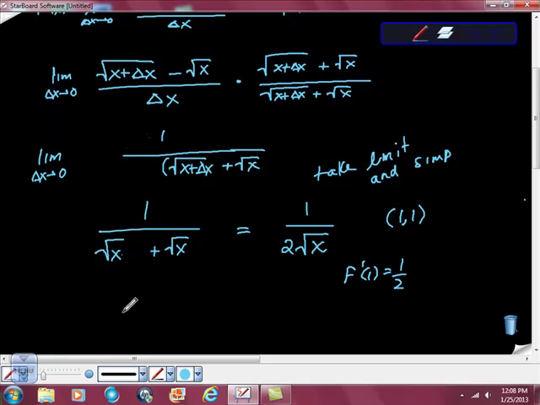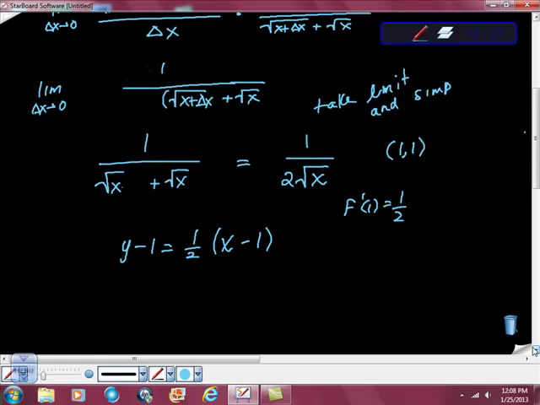Back to point-slope form. y minus 1 is equal to 1/2 times x minus 1. Am I doing all right? Well, this worked out a little bit differently than I thought, to be honest with you. So what are you going to get here? We're going to get 1/2 x minus 1/2, right? y minus 2/2.